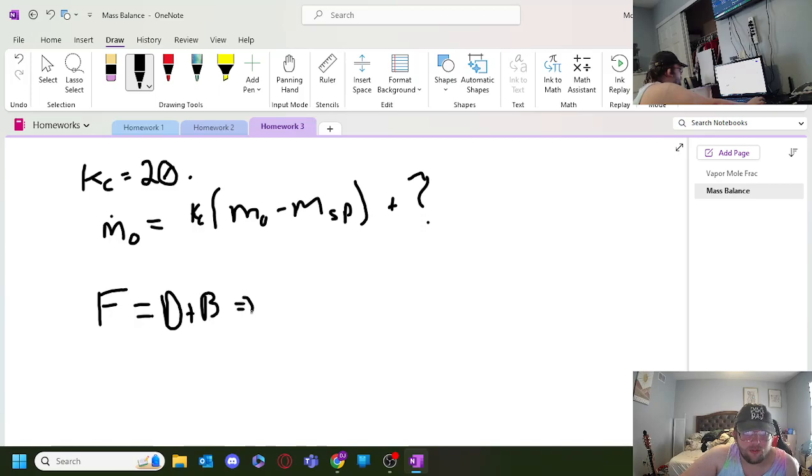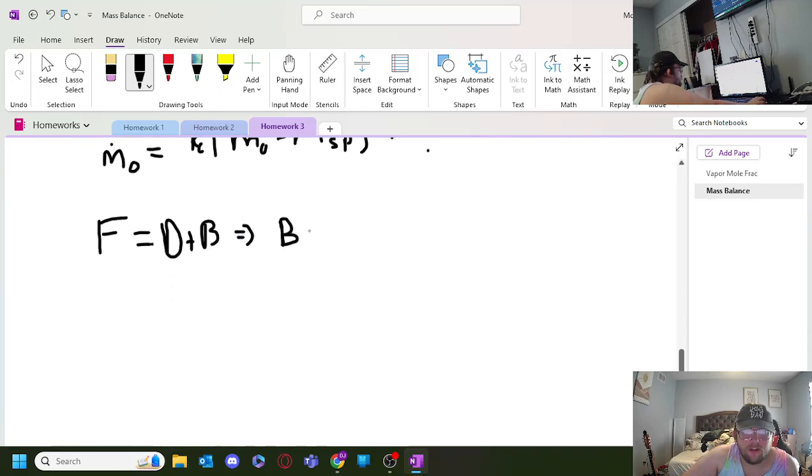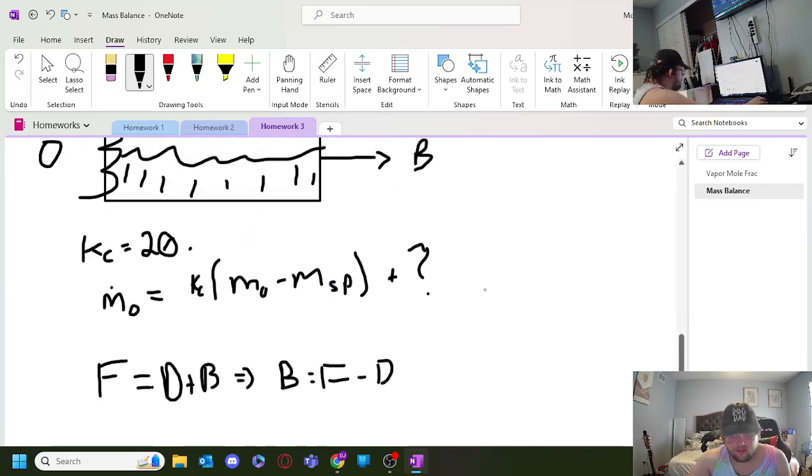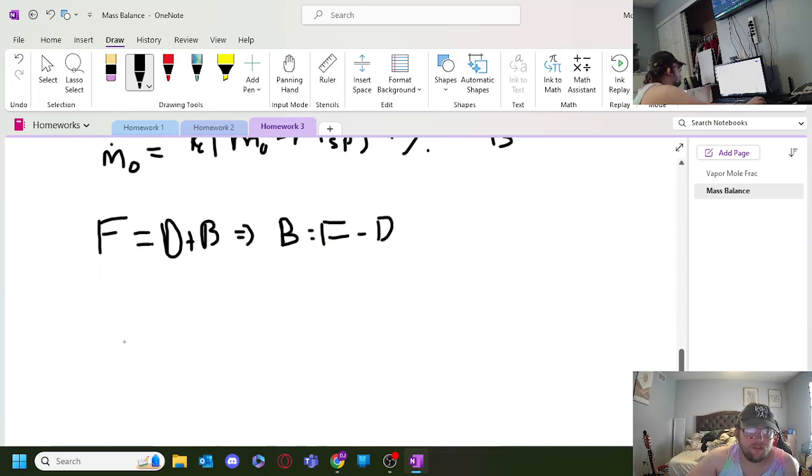So we rearrange that. The bottoms, this one right here, has to equal F minus D.